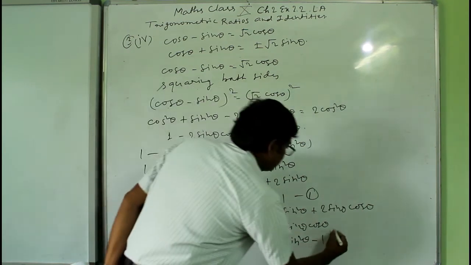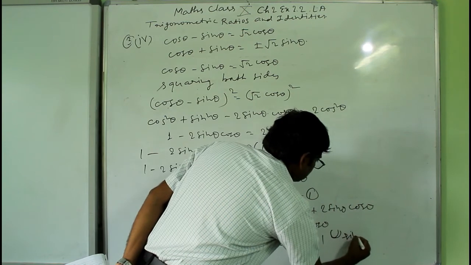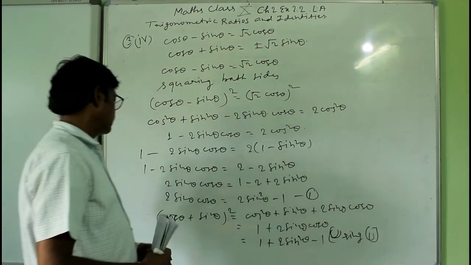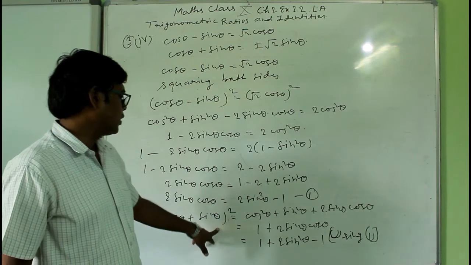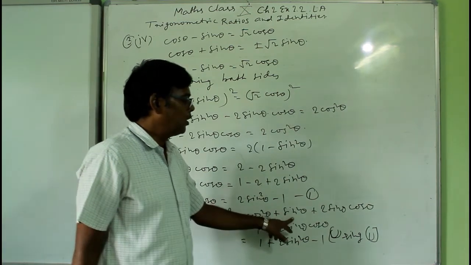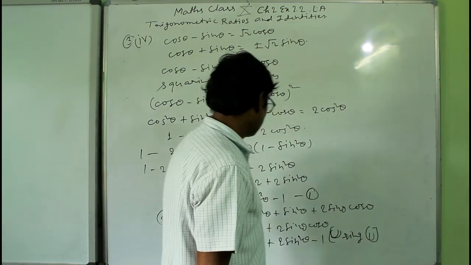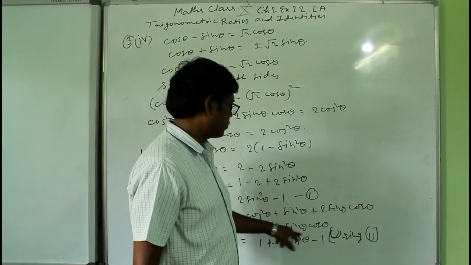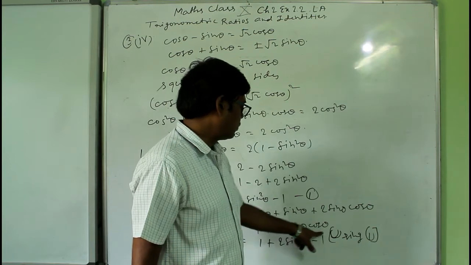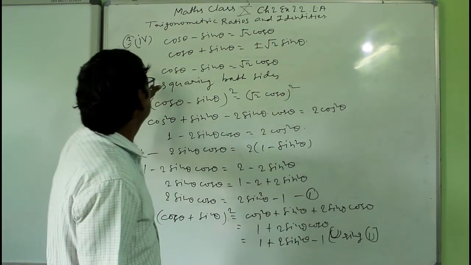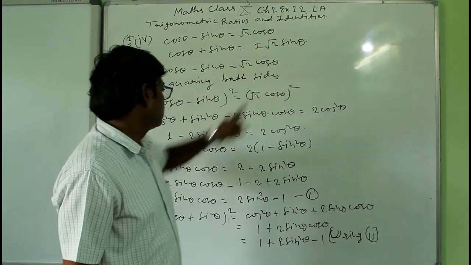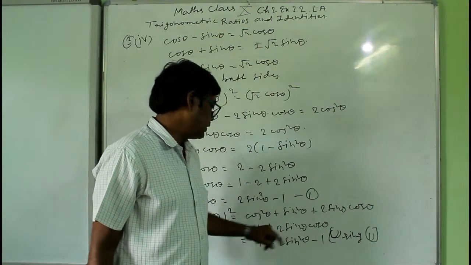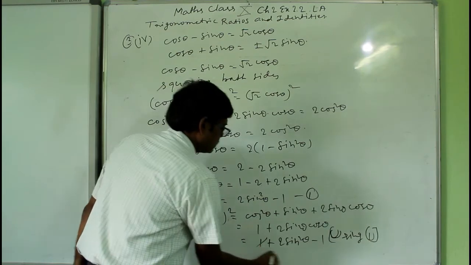Here you will write that using the given condition, and we have found the value of this. So put this value here, then this one will cancel out.